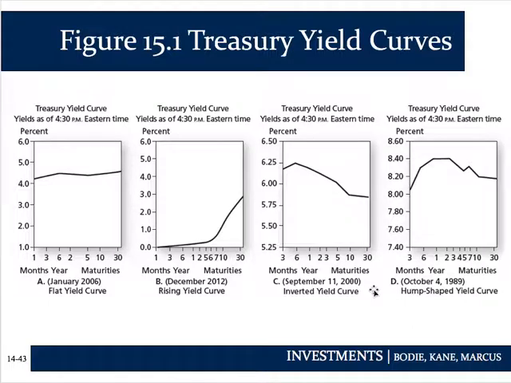In 2000, September 11, 2000, this is obviously a date we'll always remember for September 11th, although 2000 was a year early for the disaster. But we've got September 11, 2000. This was the dot-com crisis. So we had high interest rates, and the interest rates on the low end had fallen.